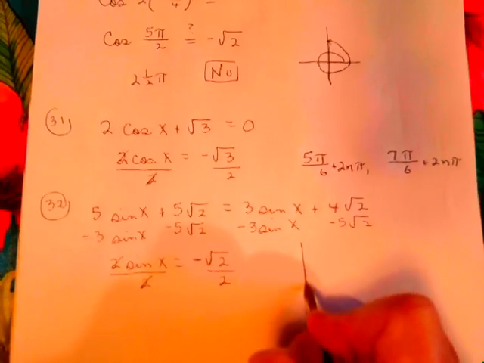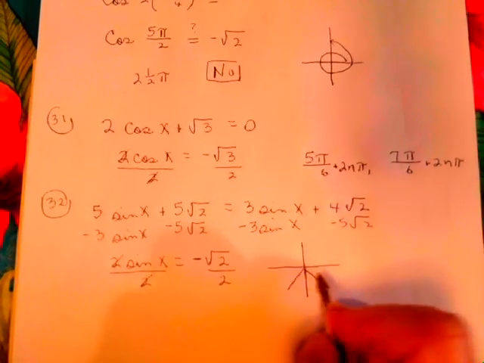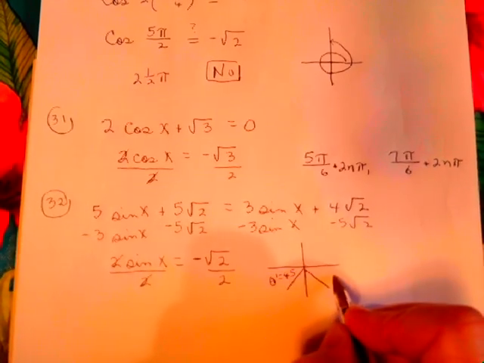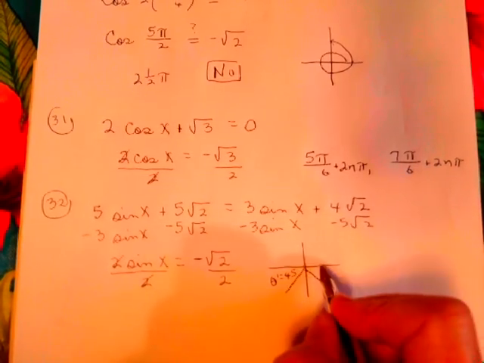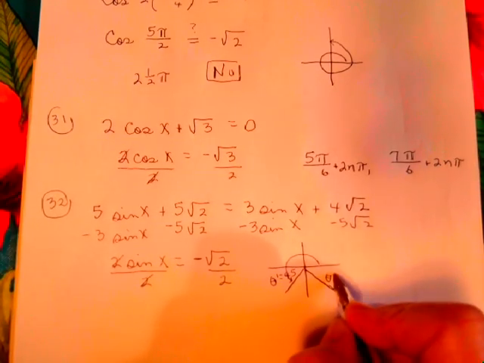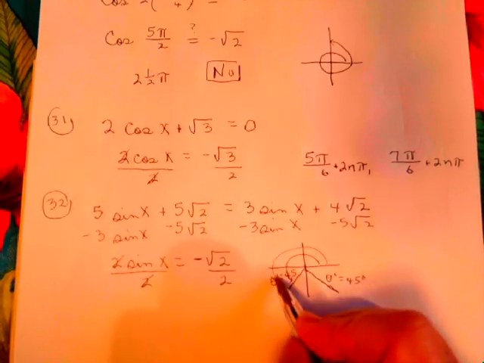I know that you know those are angles in the third and fourth quadrant, where theta prime is 45. It would be this angle, and it would be this angle.